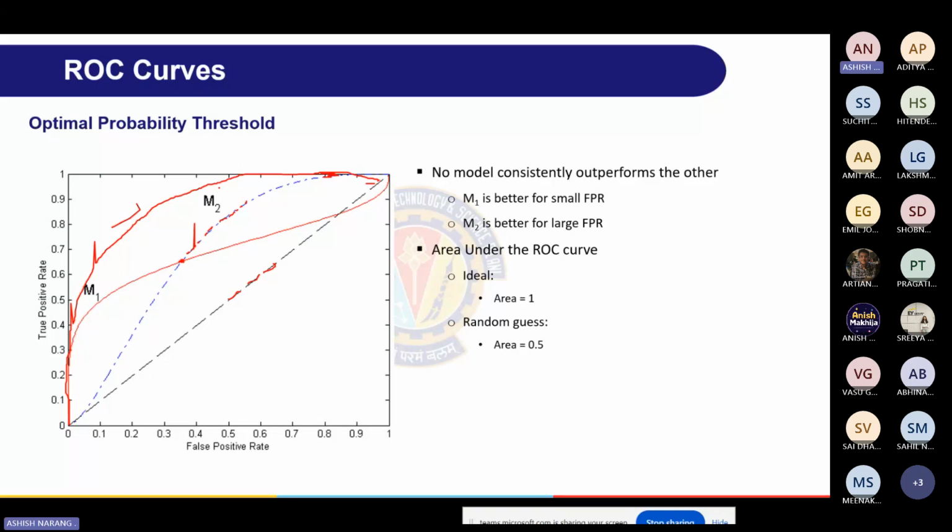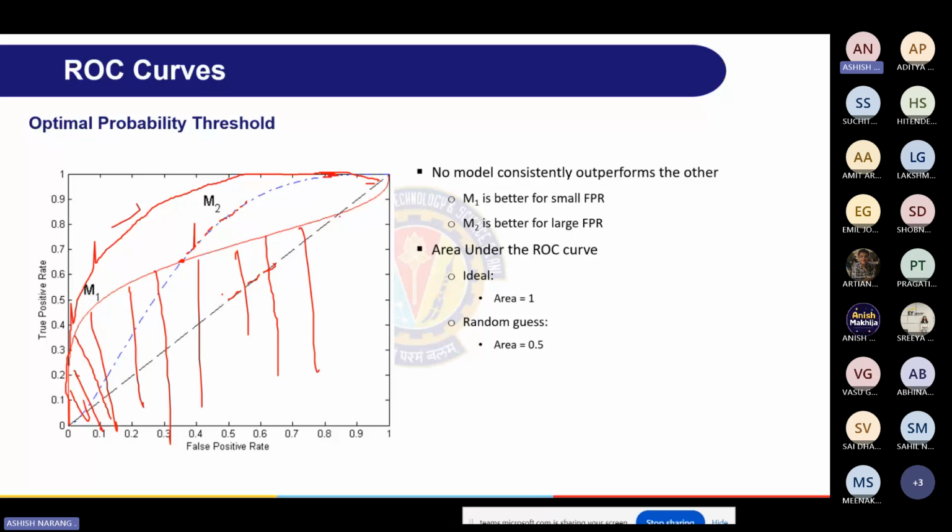Area under the curve also decides. If I look at this red curve, this is the area from here till the end. The more the area under the curve, the better the model is. If you take the random line, 50% of the area is under it, but this is more than 50%, so obviously it is better than the random line.